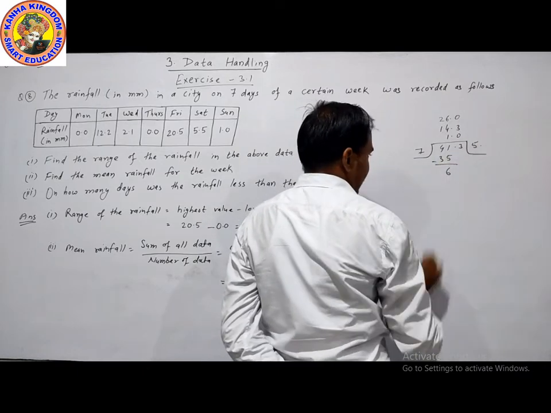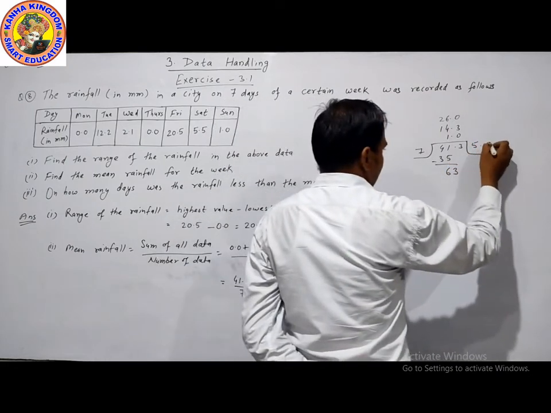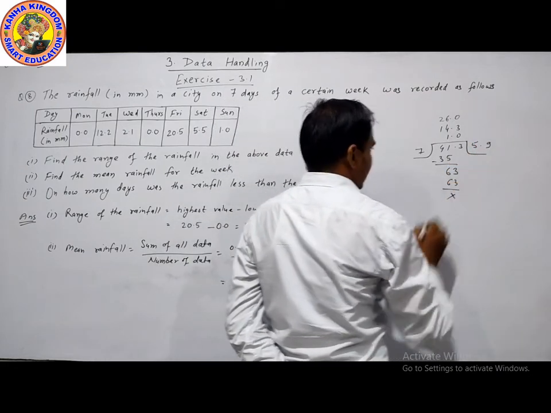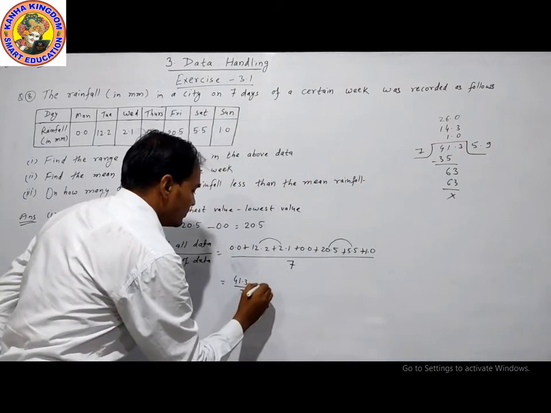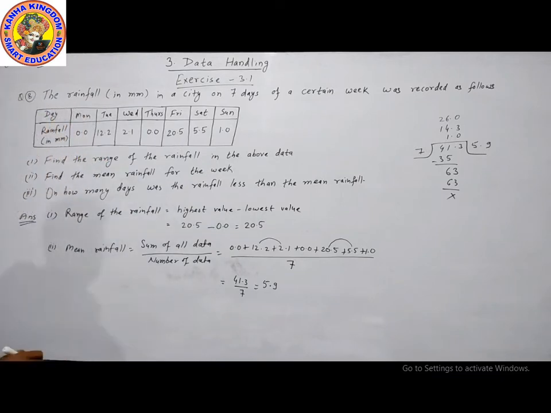Next is the decimal point. Now 3, 9 times 7 is 63. So the answer is 5.9. The mean value or average value of rainfall is 5.9.